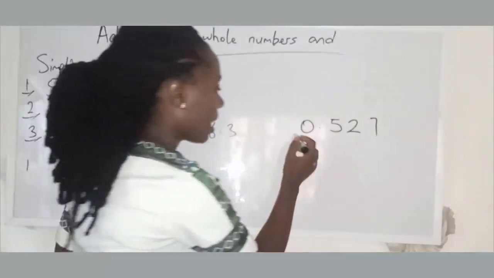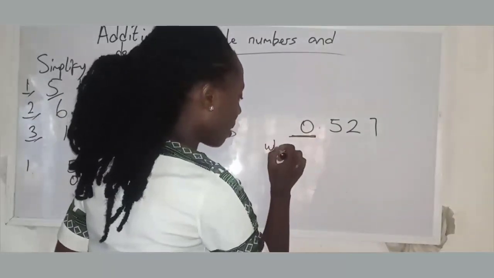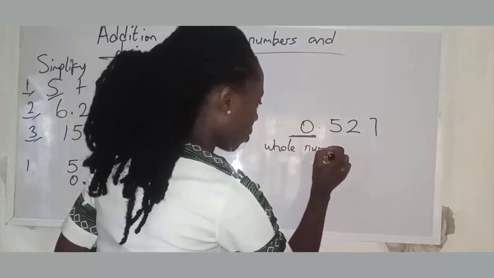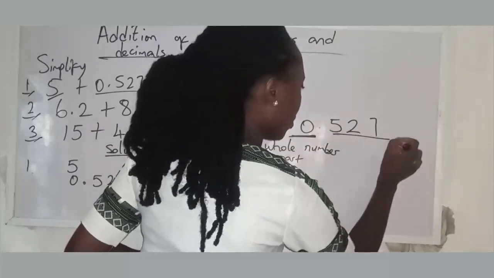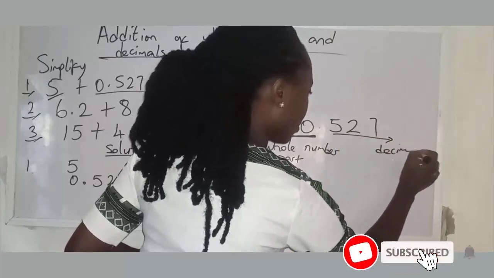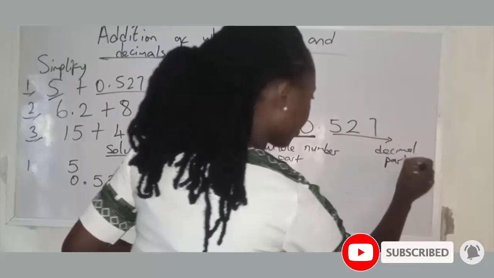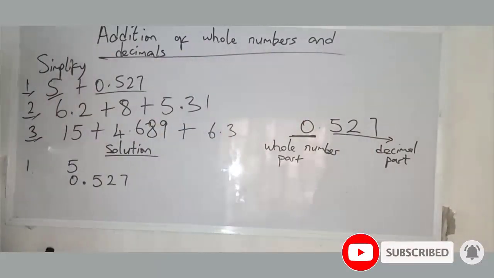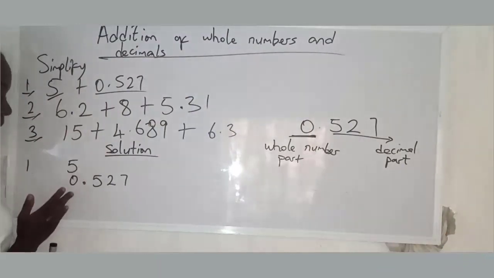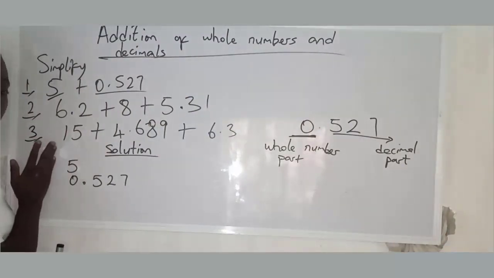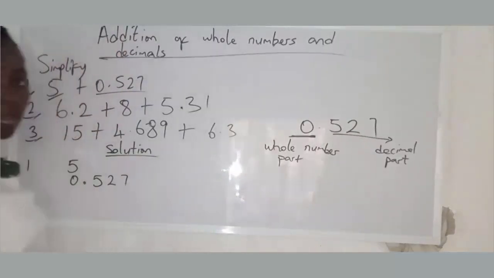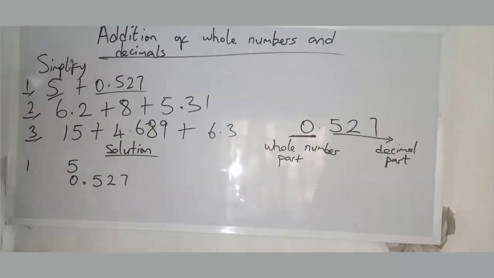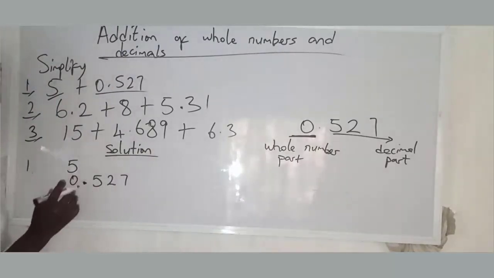This is what we call the whole number part of this number, and this is what we call the decimal part. So what you do here is place the whole number part on the same line as the whole number part of this decimal number. Since 0 is the whole number part here, I put 5 on top of 0.